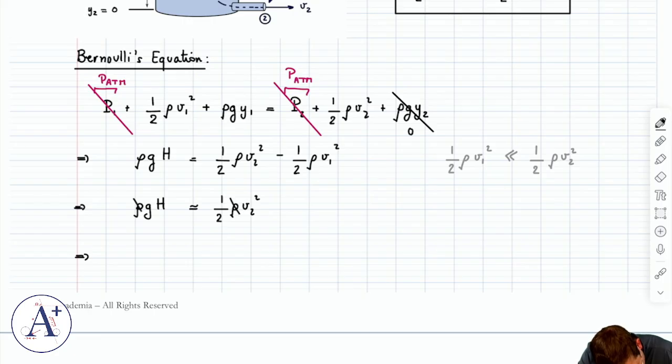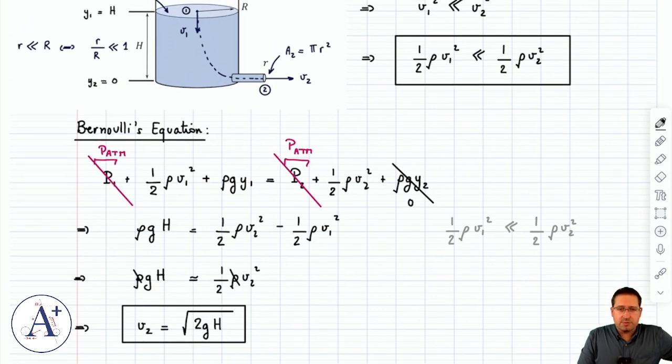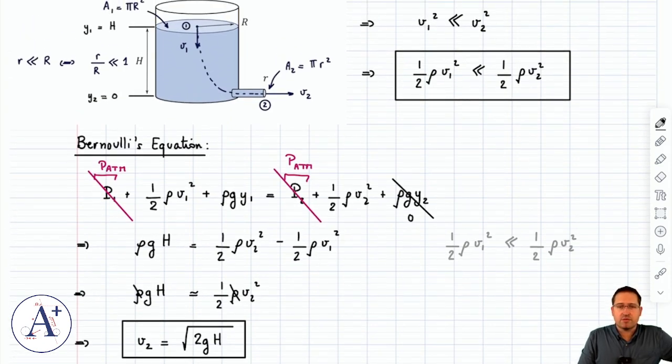Okay, so then rho drops out, and V2 becomes square root of 2gh, which should blow your mind, because if you were wondering whether or not Bernoulli's equation was indeed equivalent to conservation of energy, well, here you have your answer. Square root of 2gh is by definition what you get with conservation of energy when you're looking for the speed v of something being dropped from a height h.